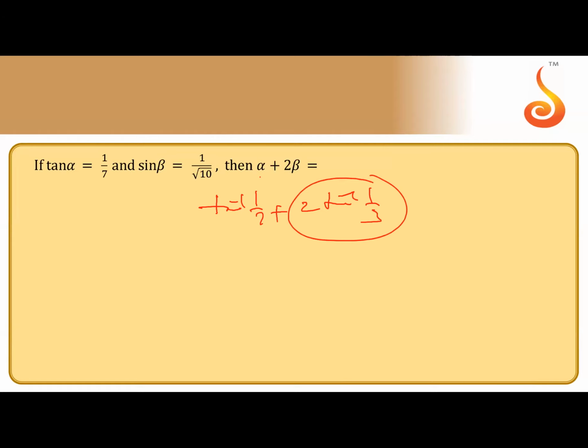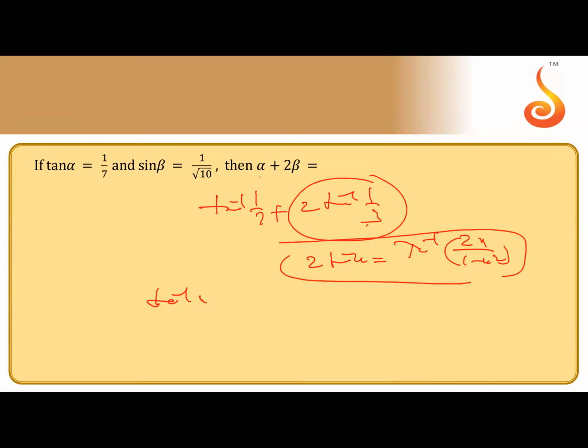We have a formula for 2 tan inverse x, that is tan inverse 2x by 1 minus x square. Use that formula. After that, we have the formula for tan inverse x plus tan inverse y. What is the formula? Tan inverse (x plus y) by (1 minus xy). This method also can solve it. You can use inverse trigonometry also and solve that question.